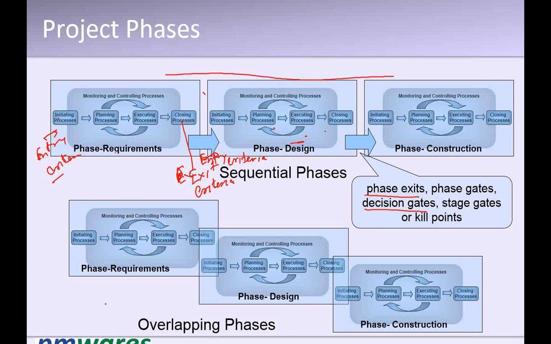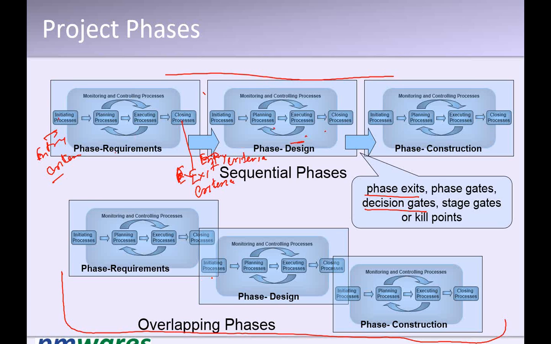This is normally a more practical way of executing a project, where the closing process of the previous phase and the initiation process of the next phase normally overlap. When we see that significant development has happened in the previous phase and we have things which can meet the entry criteria of the next phase, we start the next phase even before the first phase closes.